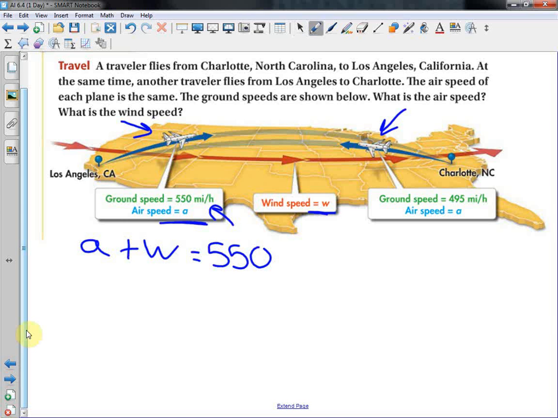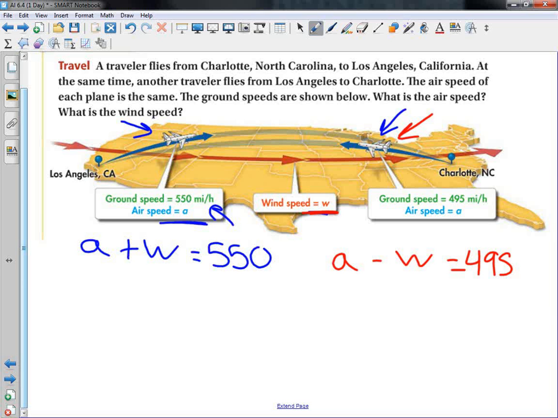On the other one, again, my ground speed is my total. And then I can think of my airspeed, and since I'm going against the wind, it's going to be subtract W. So basically the same exact question, only difference is one's a plus and one's a minus.